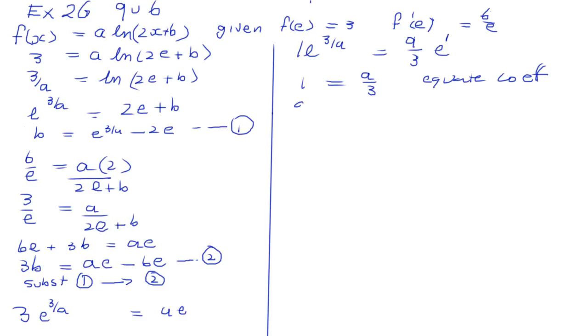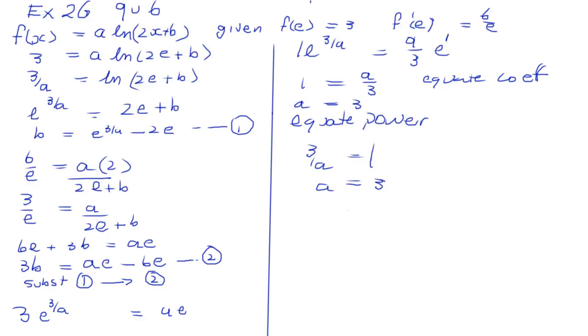And therefore a equals 3, and we'll check by equating powers. The only way those two expressions can be equal is if those powers are equal. So the power 3 on a has to equal the power 1. And again, we get a equals 3.